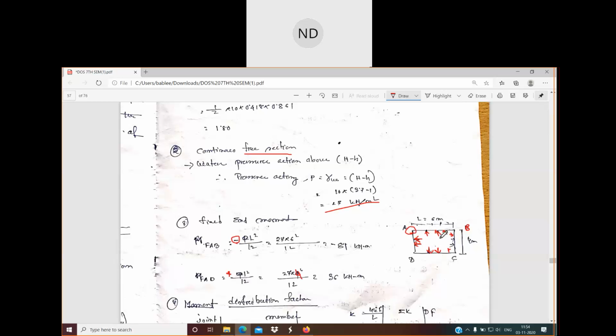When your water pressure is on this longer wall, we have to find out how the B point is moving against this A, keeping A fixed. So your B is moving in the opposite direction, anti-clockwise, due to the pressure. And if you see AD, your D, due to this water pressure, is moving clockwise. So your AD is positive and your AB here, okay.